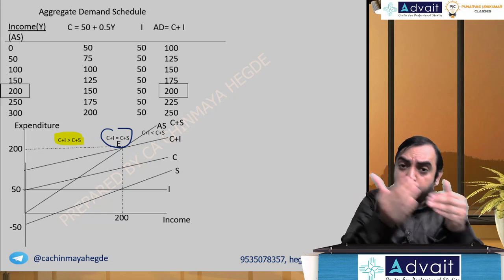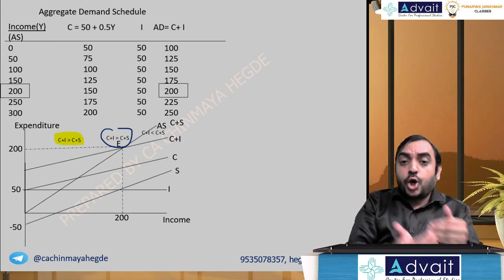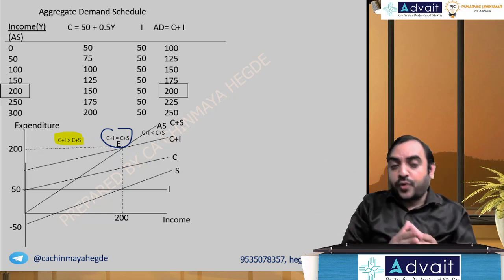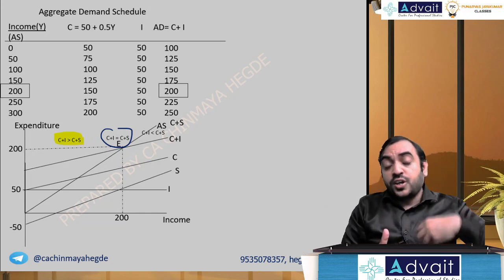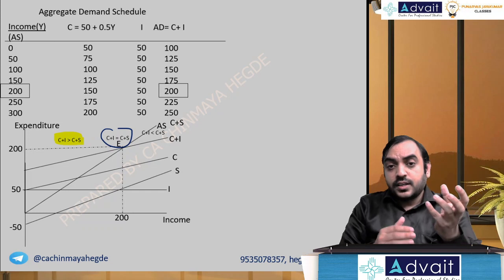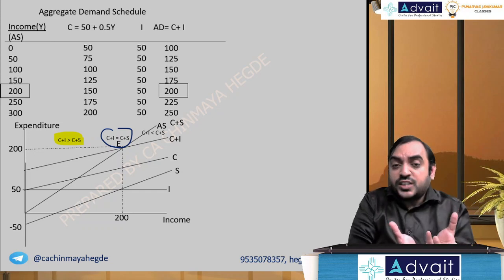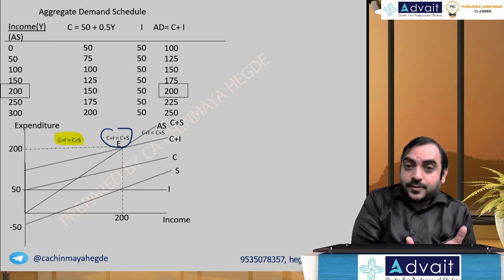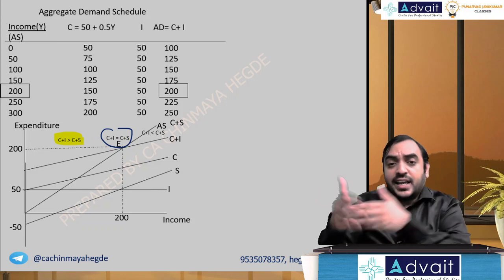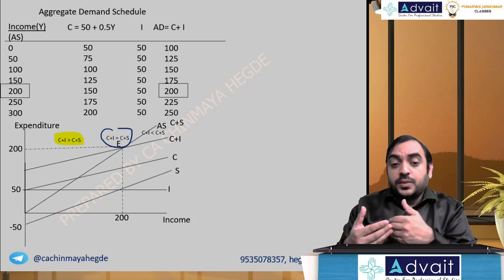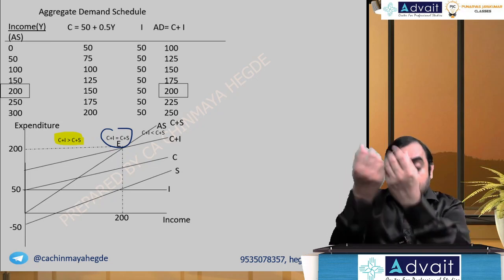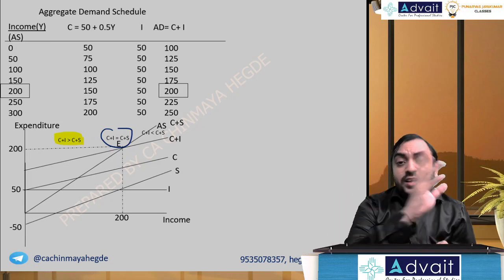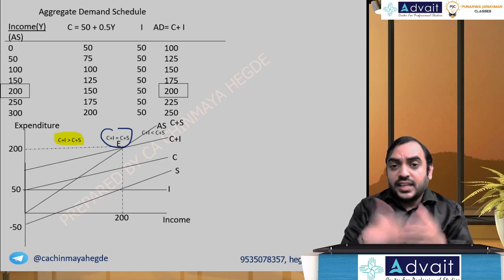Either you will be below the equilibrium point, or above the equilibrium point. Below equilibrium point, that means you spend more, you invest more, and you have less money, so shortage and deficiency will be there. Or if I take it above the equilibrium point, which means I have more savings, I have more money, but I've invested less, so there is a shortage in investment.